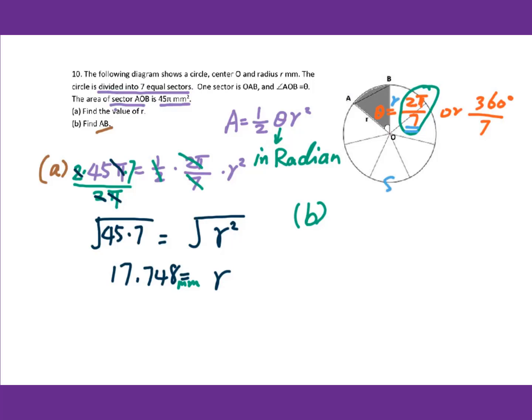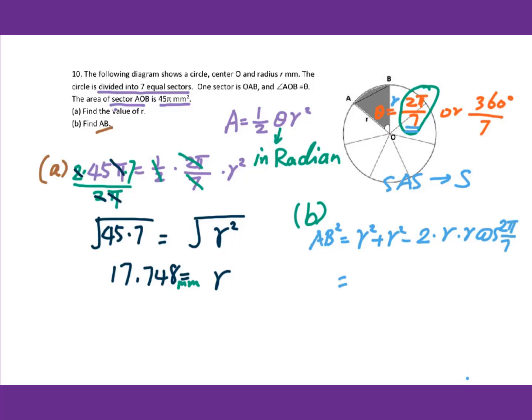So we are given the SAS pattern, and we look for the side. We have to use the cosine law. Therefore, we got AB squared equals r squared plus r squared minus 2 times r times r cosine 2 pi over 7.